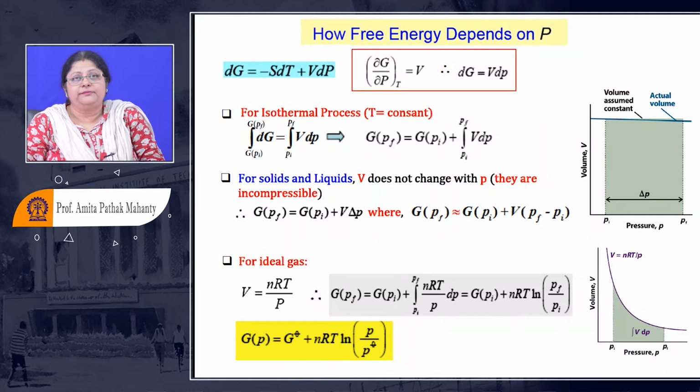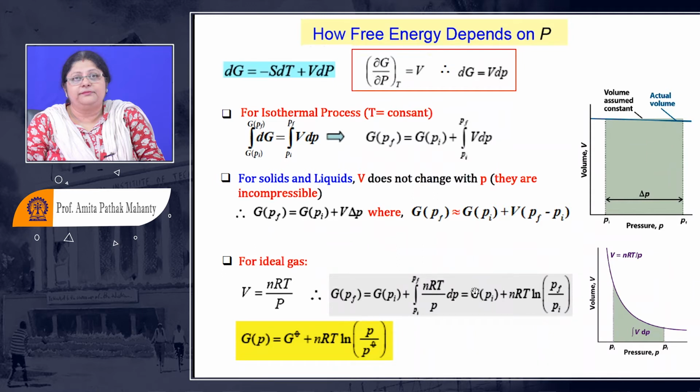Now, if I have a gas and I'm doing the same thing for an ideal gas, and the process is isothermal, then what happens? Instead of V, I can write nRT by P, because we are looking into the change in the process in terms of dP.